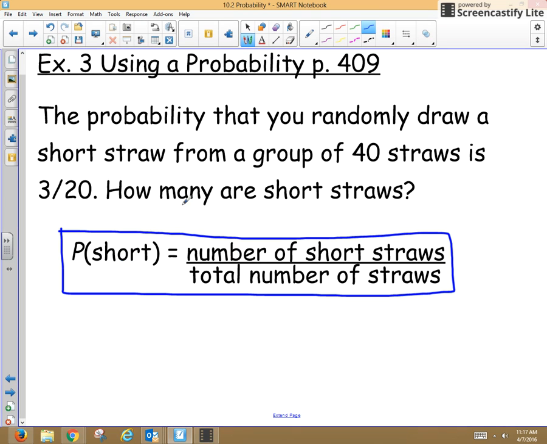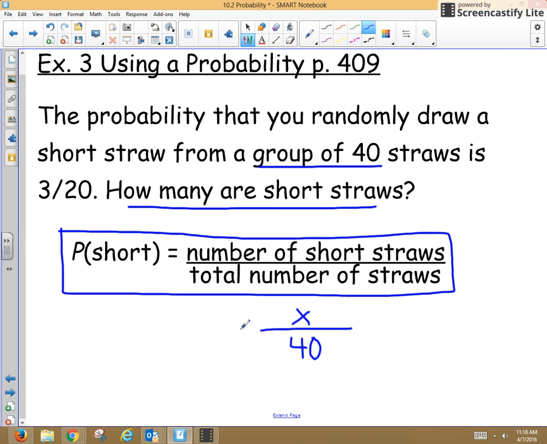Now, the question is asking us to find how many short straws there are. So we don't know the number of short straws, so I'm going to call that X. But I do know the total number of straws. It says the group of 40 straws, which would be your total.